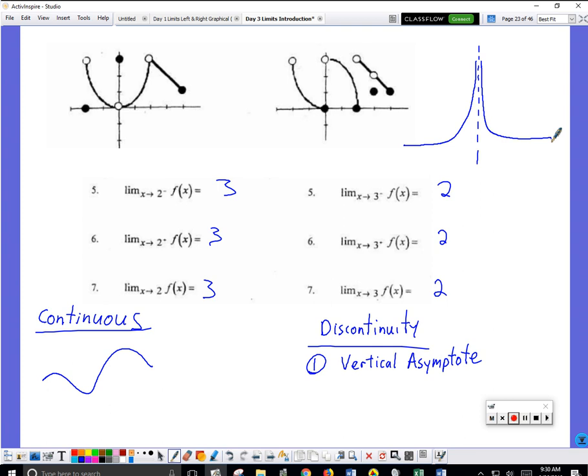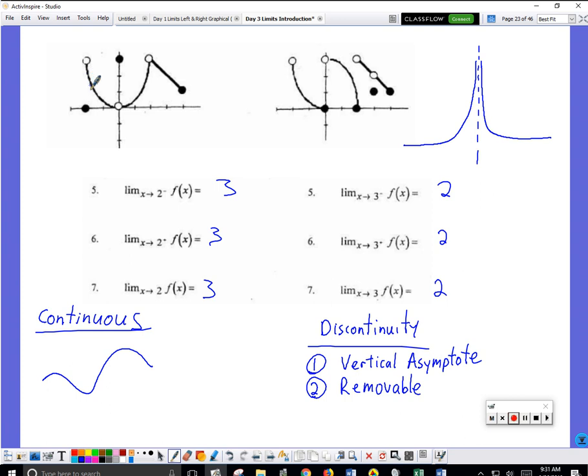Okay, the second type is a removable discontinuity. Somebody last period gave a good way of remembering the idea of removable. They said, it's like here, where I'm drawing all of the dots.